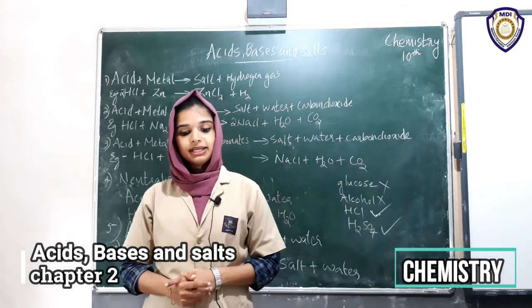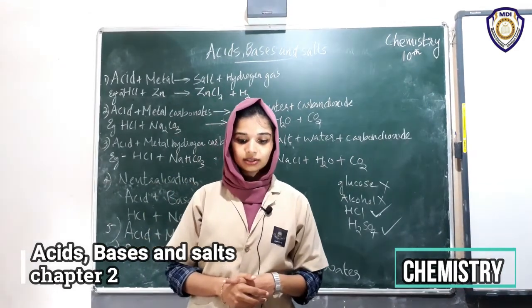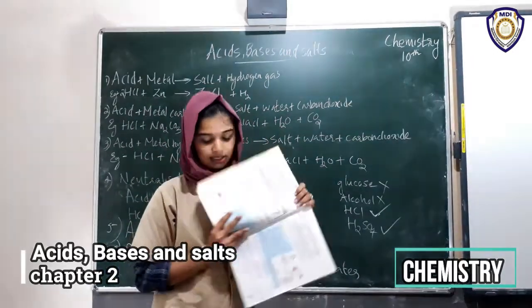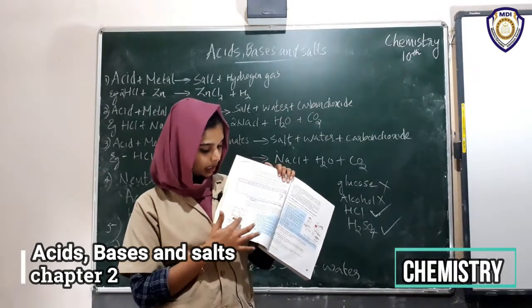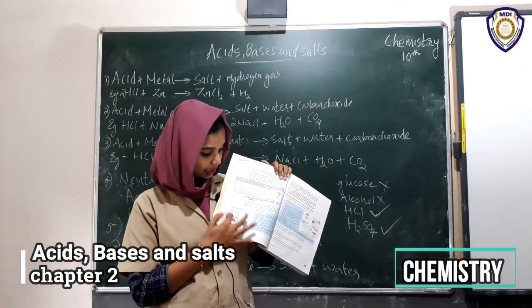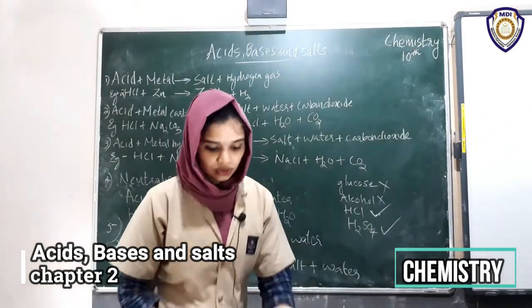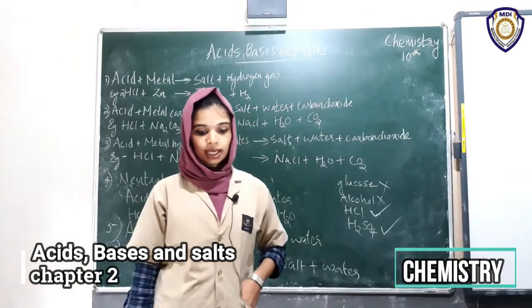Glowing of the bulb indicates that there is a flow of electric current through the solution. If the bulb glows, it means there is electrical conduction through this solution.